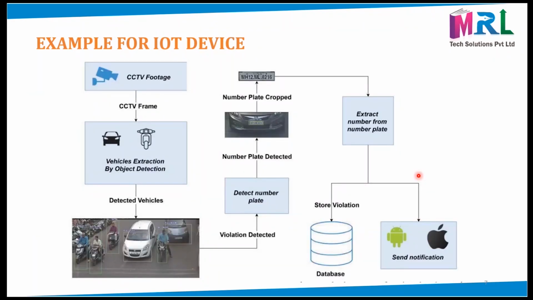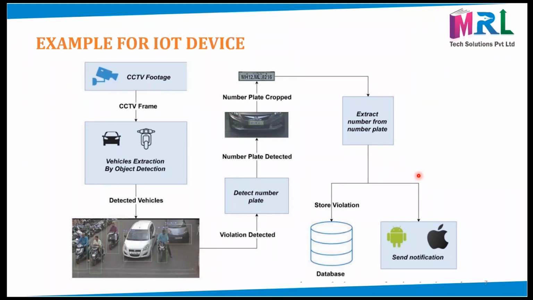Another example: nowadays, the Chennai traffic rule violation system is implemented using this. If anyone violates the rule, that is, if anyone crosses the line during the signal, the CCTV will detect the car or bike number plate, and that number plate will be sent to the cloud.